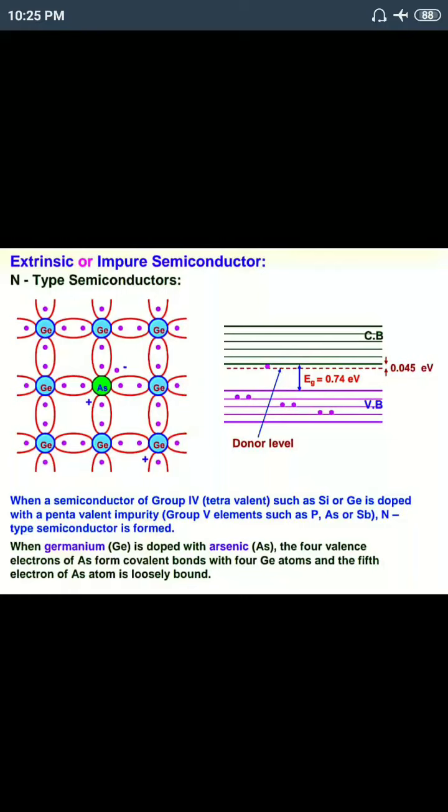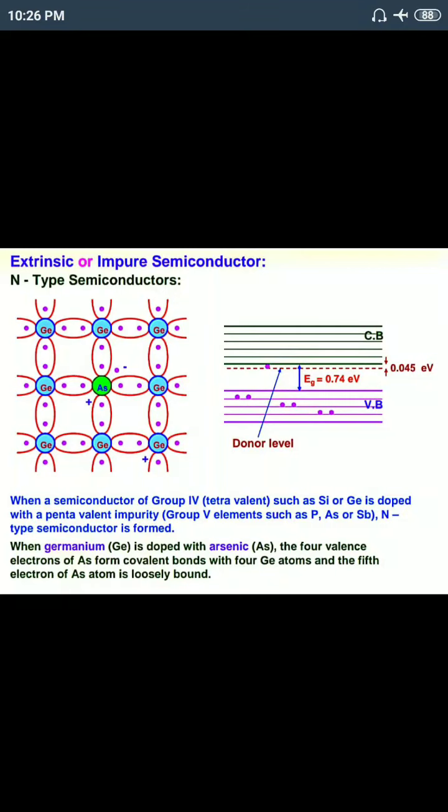In this figure you see the conduction band placed above the valence band, and a dotted line near the conduction band is the donor level where the free electrons inside the lattice exist. The gap between the donor level and the conduction band is very small, 0.05 or 0.045. You can write 0.05 eV, electron volt.